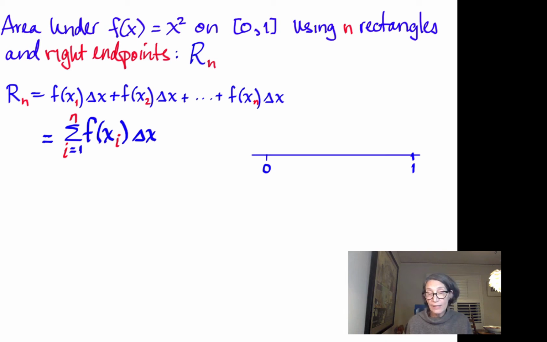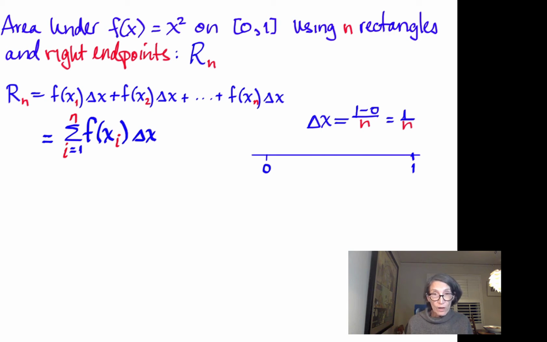And we're chopping that interval up into n equally spaced subintervals. So what is the width of each subinterval? That's what our delta x has to be. So the width of each subinterval is going to be the entire interval width, which is 1 minus 0, divided by the number of subintervals, which is n. So delta x is 1 minus 0 over n, which is just 1 over n.